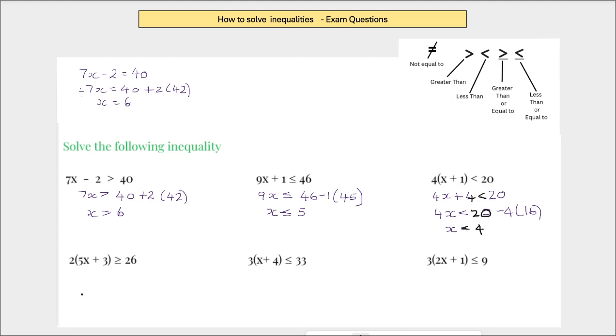Try again, doing it right this time. So 2 times 5 is 10x. Plus 2 times 3, which is 6. And it's greater than or equal to 26. So it's just one extra step, just expanding the brackets. So we have 10x.